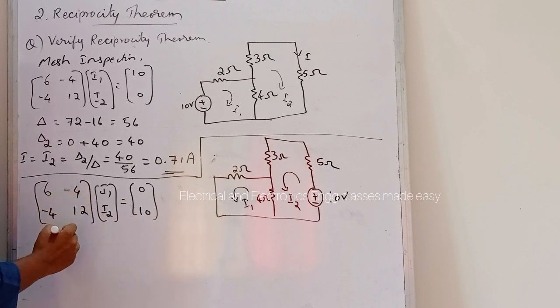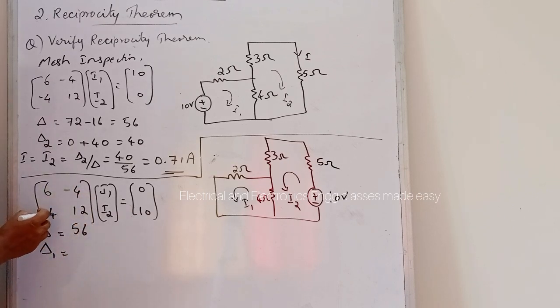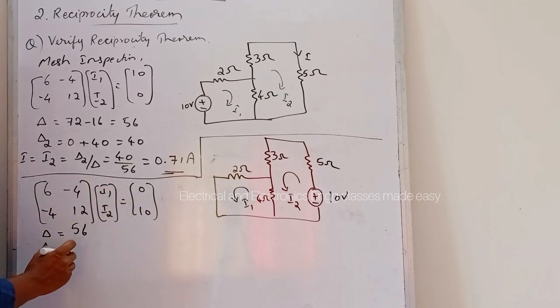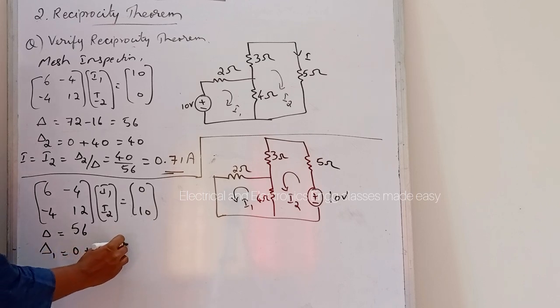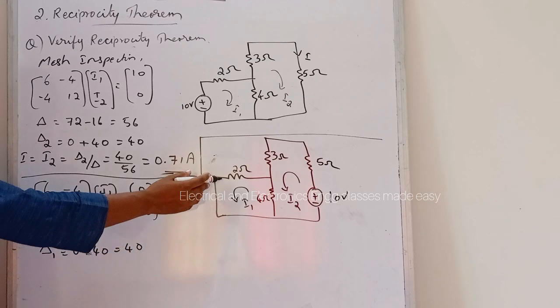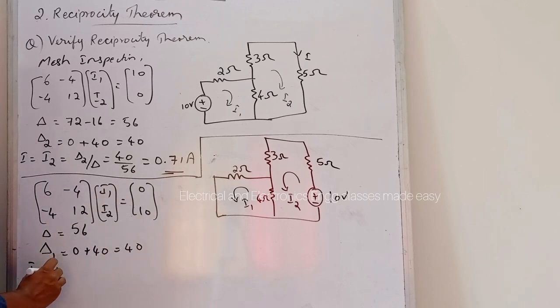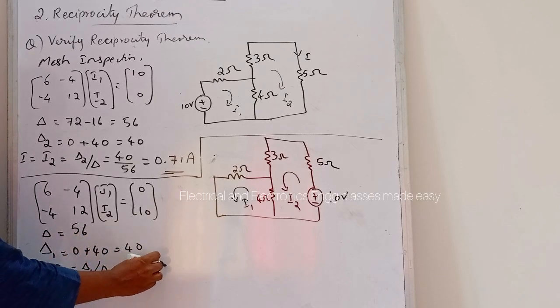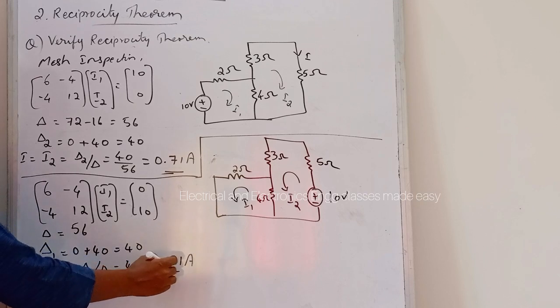So delta is equal to 72 minus 16, that is 56. Delta 1 is changing the first column elements with the voltage elements and finding the determinant. So we will get 0 plus 40 equal to 40. Now I is equal to I1 is equal to delta 1 divided by delta, that is equal to 40 divided by 56, and that is equal to 0.71 amperes.